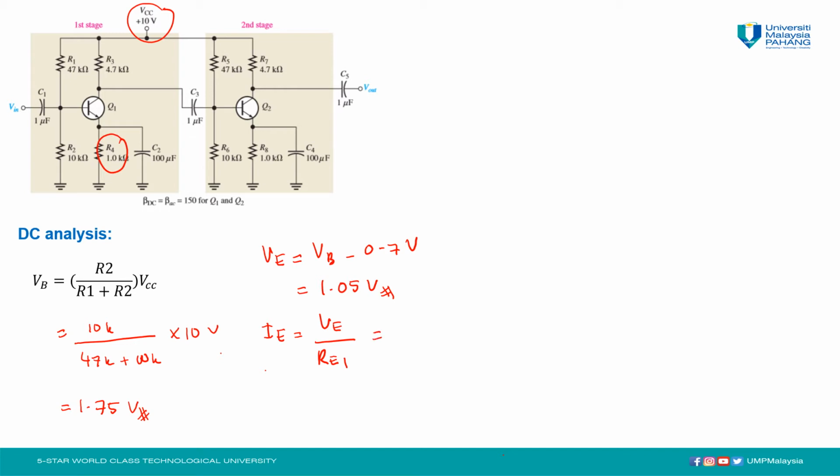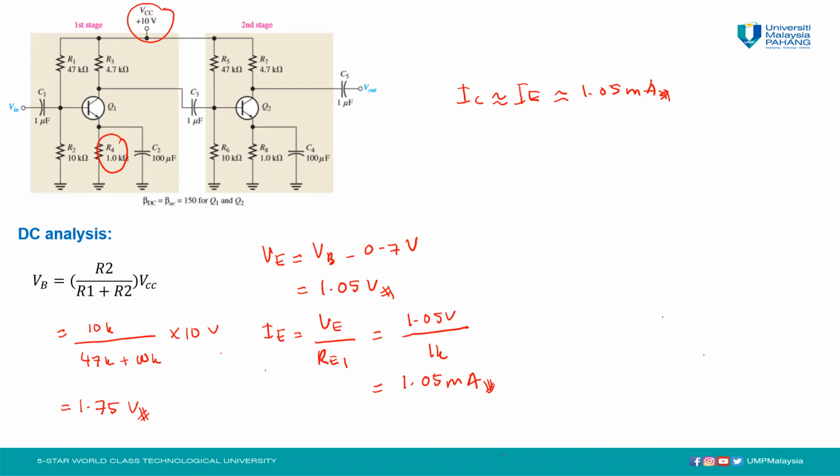So it is 1.05 over 1K, which equals 1.05 milliamps. Now we know that IC is equivalent to IE, equal to 1.05 milliamps.